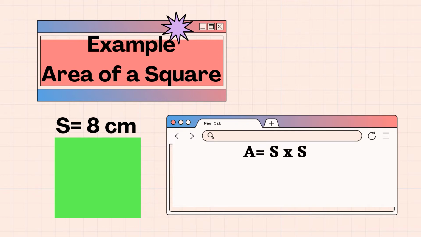If one side is equal to 8 centimeters, of course, the other side is also equal to 8 centimeters because all sides have the same measurement. So this will be 8 centimeters times 8 centimeters. If we multiply these two numbers, 8 times 8 will give you a product of exactly, that is correct, 64 square centimeters.